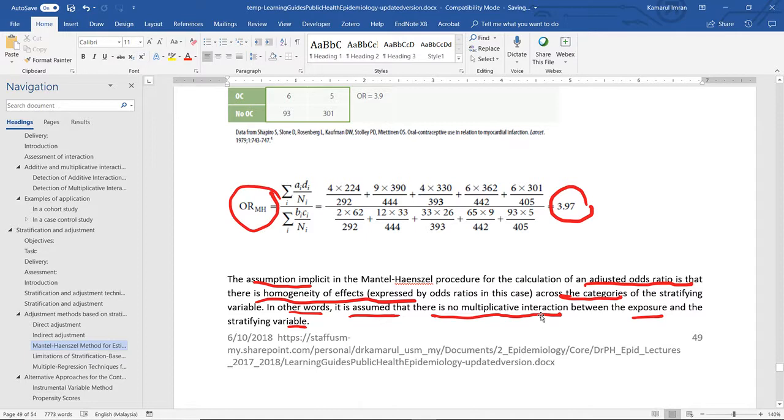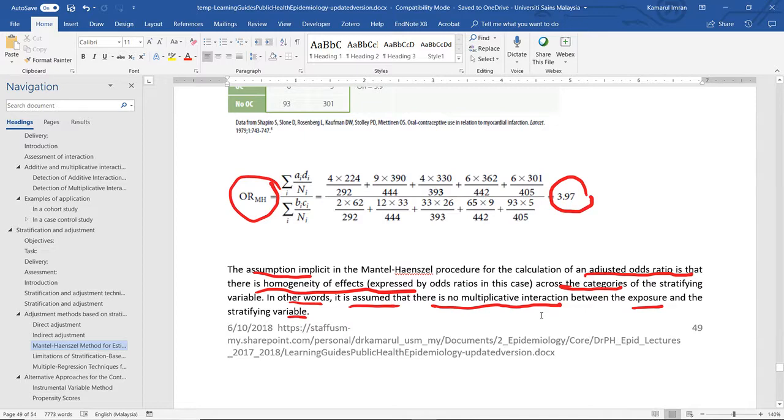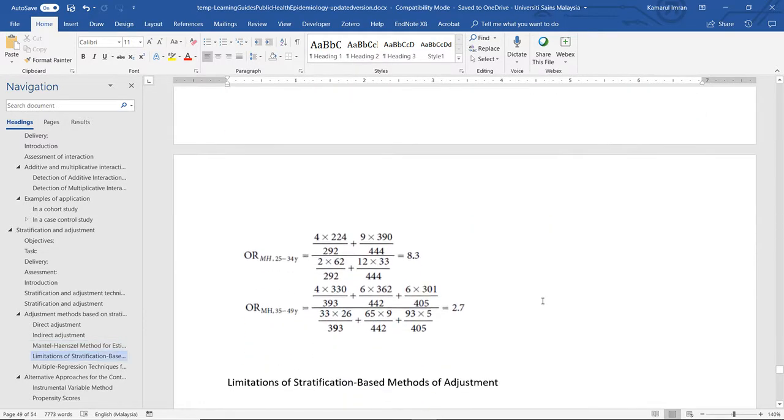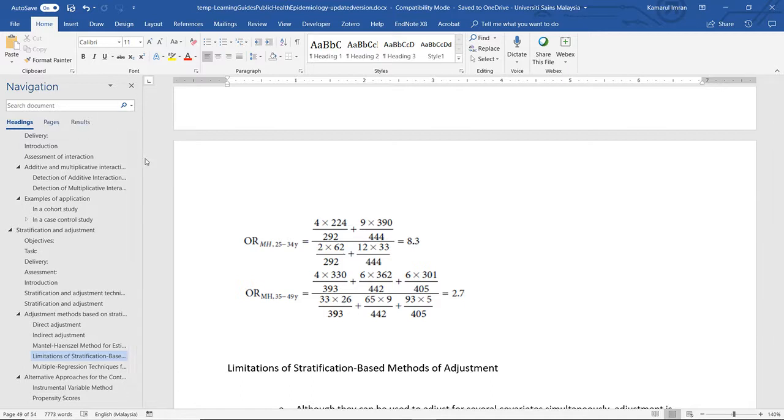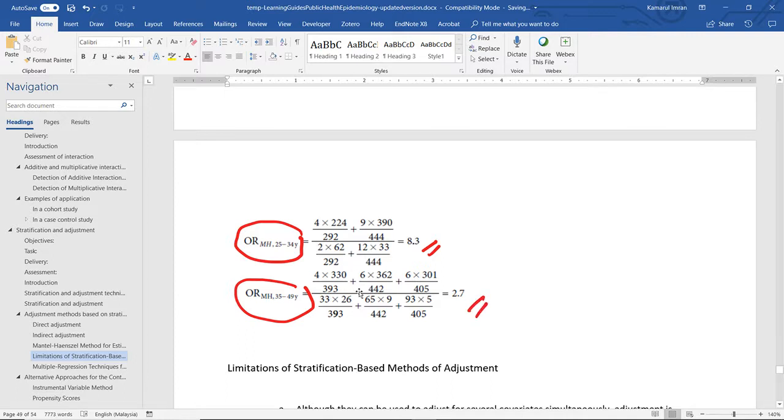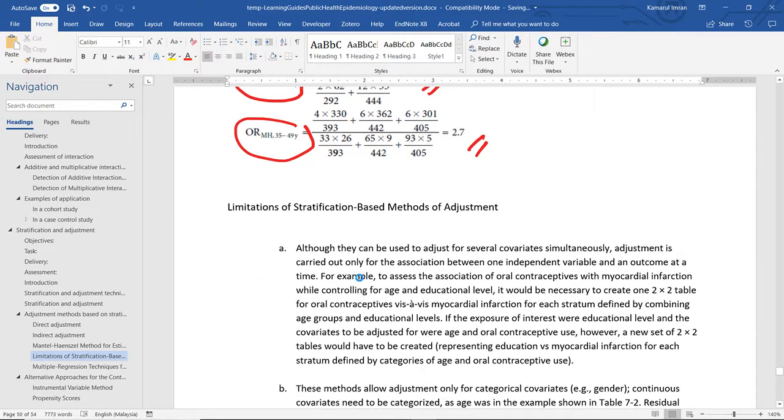So this suggests interaction, because if you look here, for 25 to 34 years old, the odds ratio for that stratum is 8.3, and for age 35 to 49 years old, it is 2.7. So it indicates interaction, because the odds ratios between strata are different.